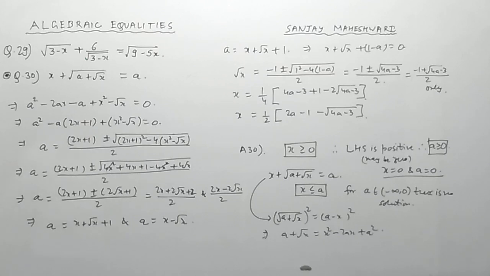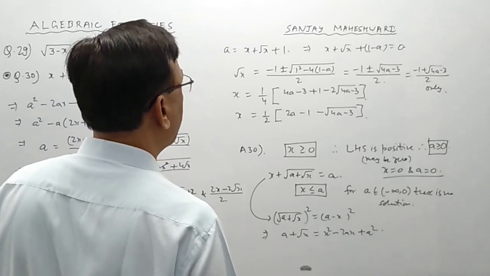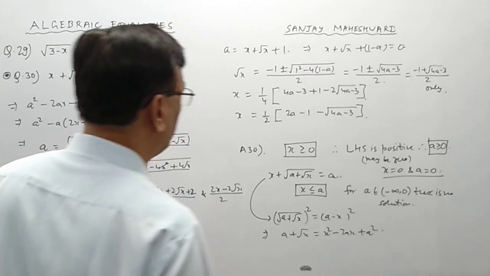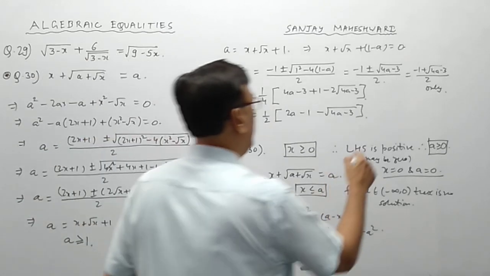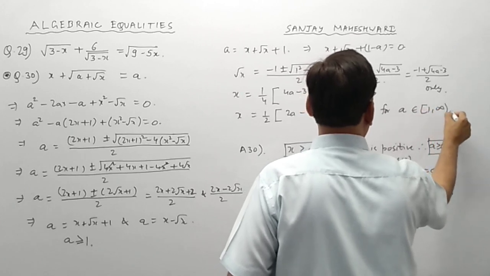So this is one of the values. And from here we can see that this is positive, this is positive. So a is greater than or equal to 1 only. So we can write here that a belongs to 1 to infinity.